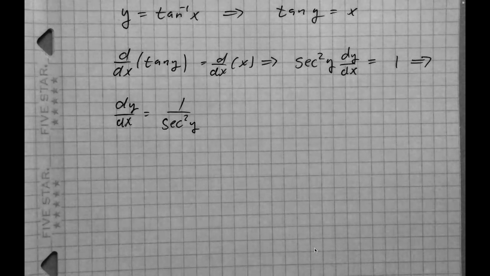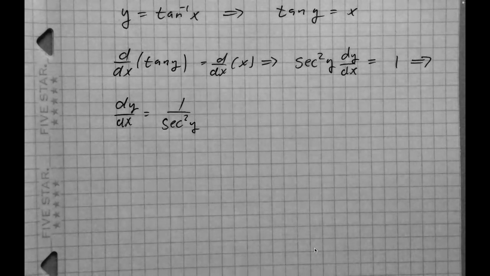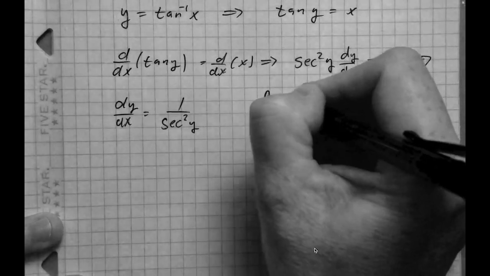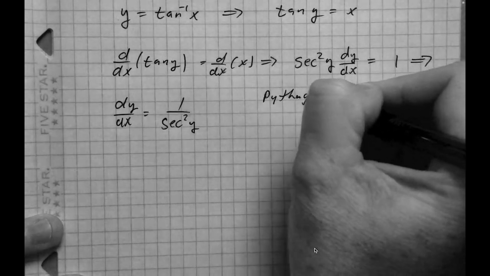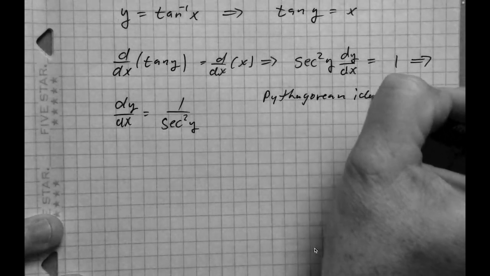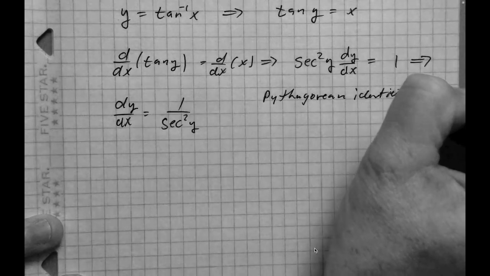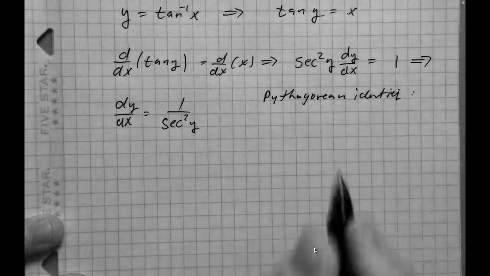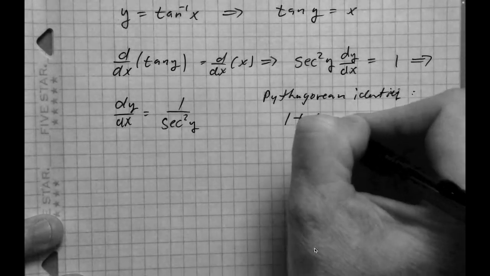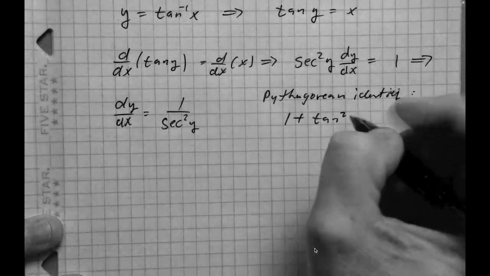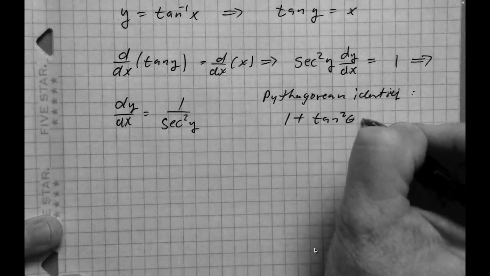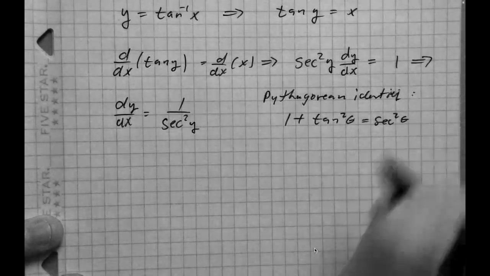All right, and then here's one where I will be testing your memory. Do you recall the Pythagorean identity for tangent? Well, it looks like this. It's basically 1 plus tan squared theta equals secant squared theta.